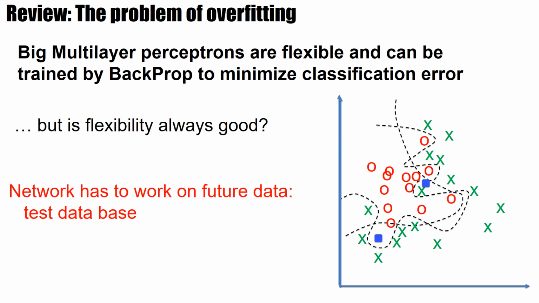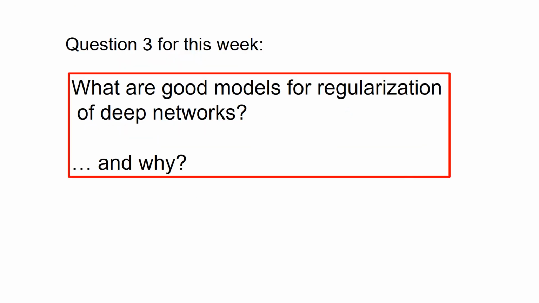Now the question is whether there are specific regularization methods that work well in deep neural networks. And this is indeed the third question for this week. What are good models for regularization of deep networks, and why do these work? We start in this question in the next part.